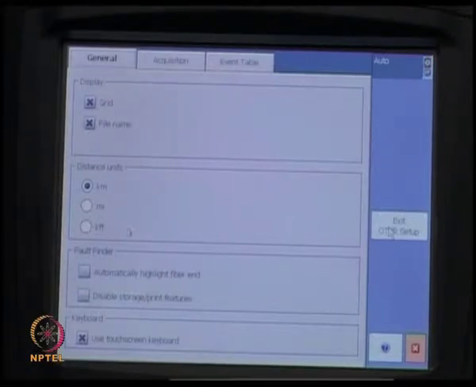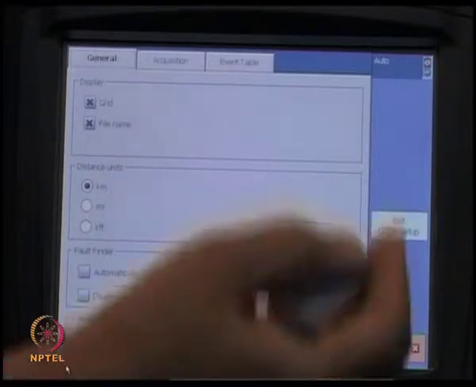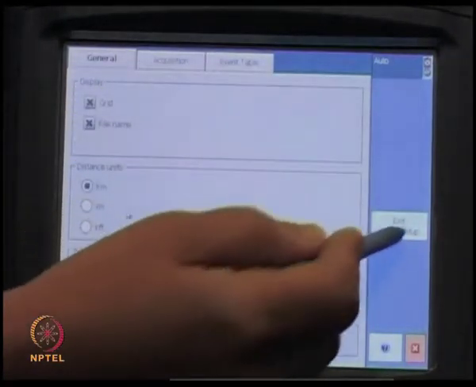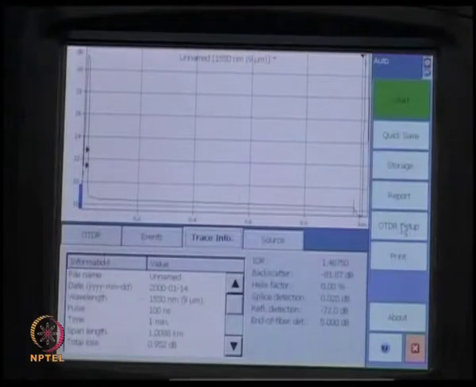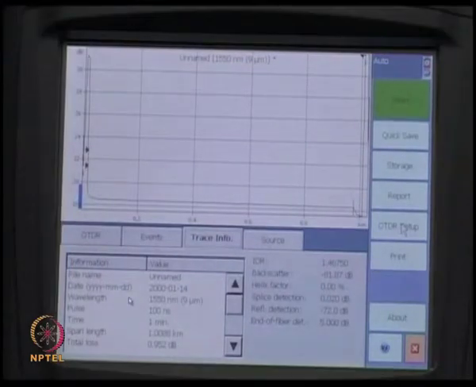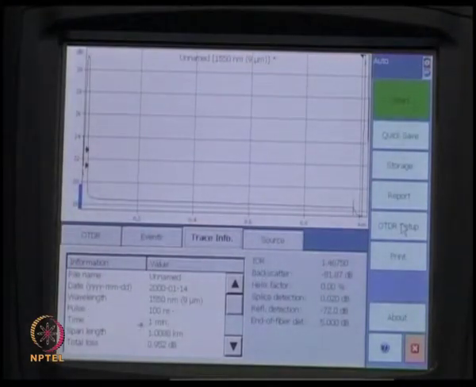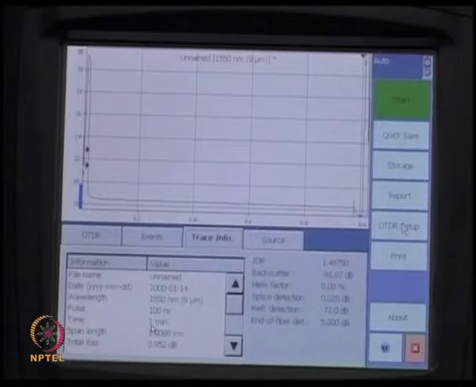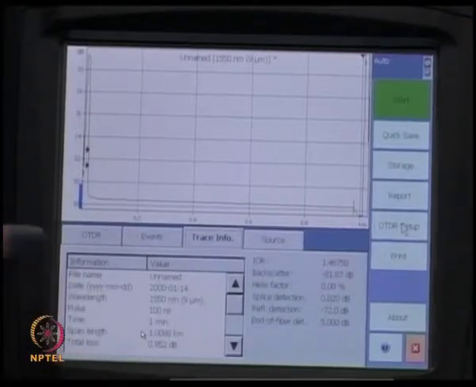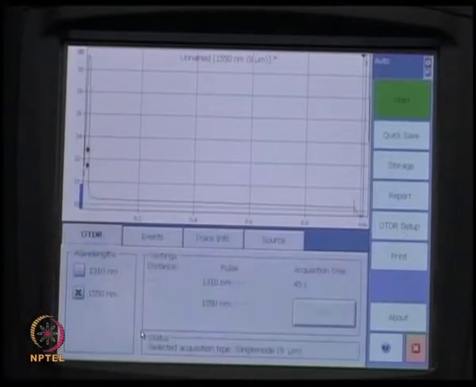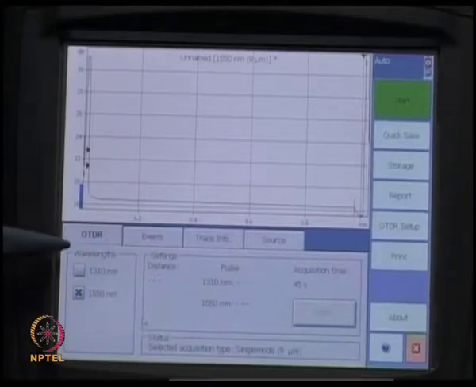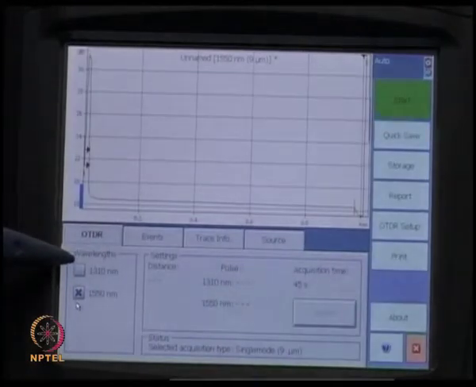This is for recording the data. You can have different settings. You can put distance in meters or kilometers. You can decide the pulse length. You can choose the wavelength at which you are calculating the condition.